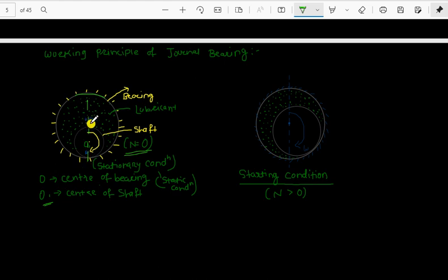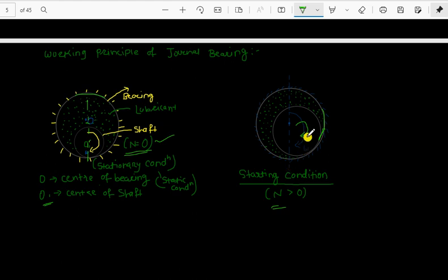Both these centers are in line. As the speed increases, let us say speed becomes greater than 0, that means the shaft starts rotating. It will try to climb this inner surface of the bearing. Because of such type of rotation, it will try to climb on this inner surface of the bearing gradually.